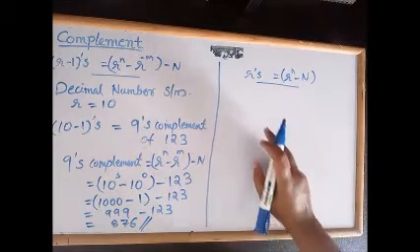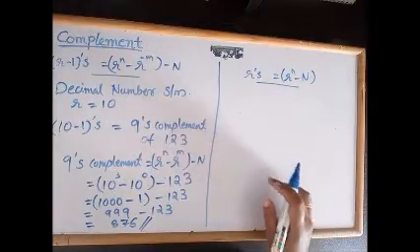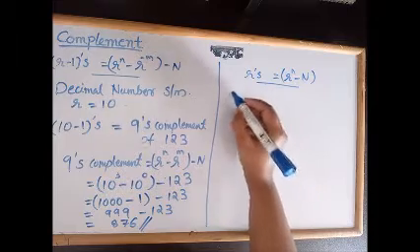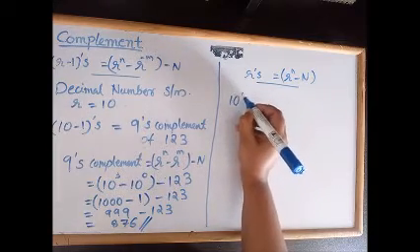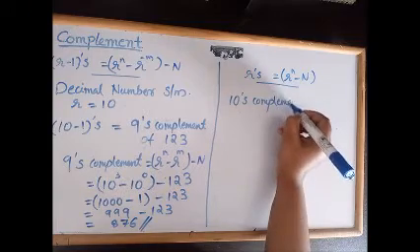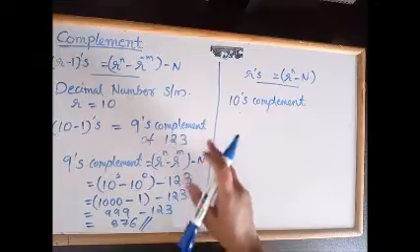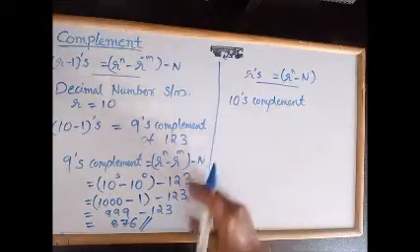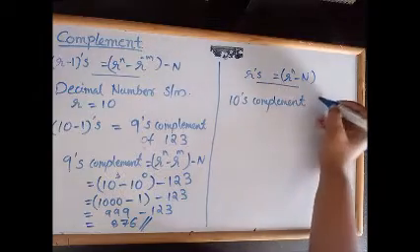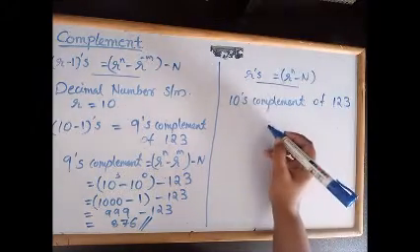In the decimal number system, what will be the r's complement? It is known as the 10's complement. We can follow the same procedure. We need to find the 10's complement of the number 123. What is the equation?